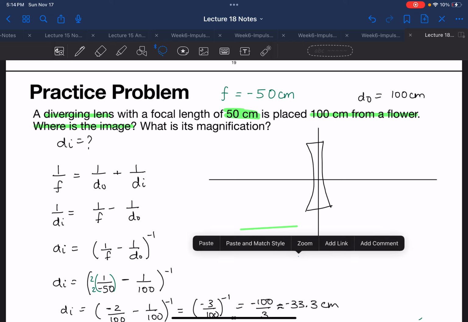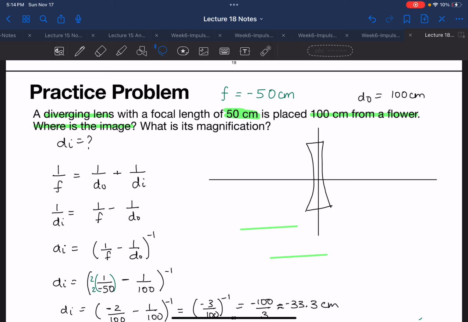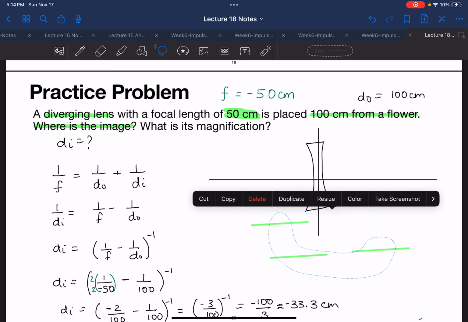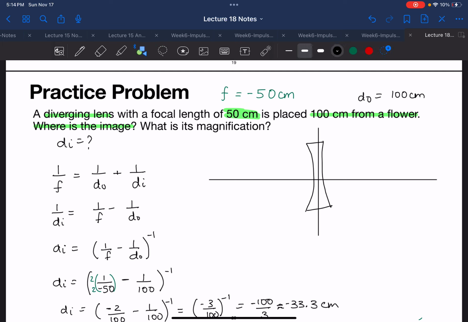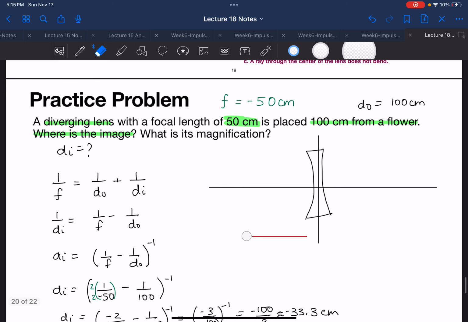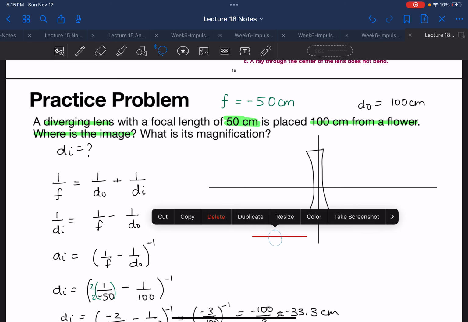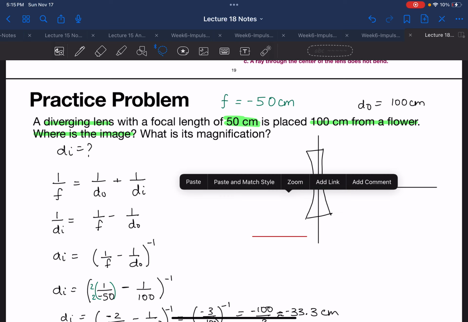So I'm going to just copy and paste that a few times. All right, oh no, that's not even a straight line. Let's try that again. So do it in a different color. All right, I'm going to call that my measure for 50 centimeters. So I'll copy this and paste.